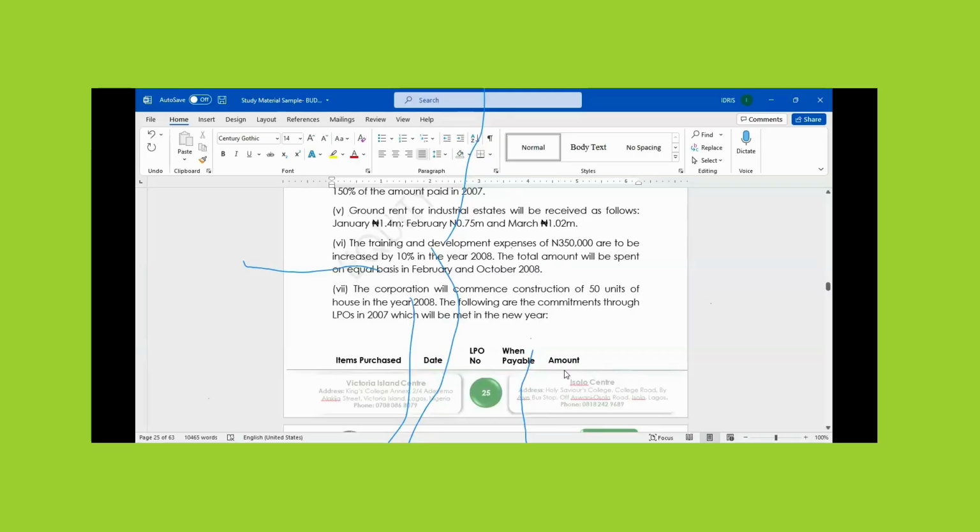The training and development expenses of 350,000 naira are to be increased by 10% in the year 2008. The total amount will be spent on equal basis in February and October 2008. The corporation will commence construction of 50 units of house in the year 2008. The following are the commitments through LPOs in 2007, which will be met in the new year: item purchase, dates, LPO number, when payable, amounts.